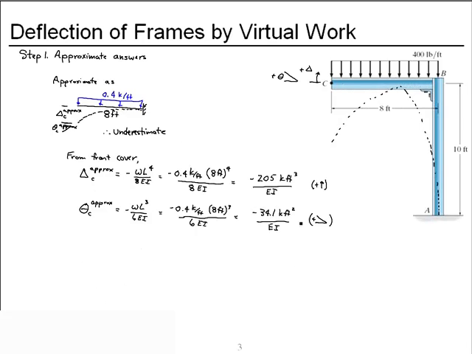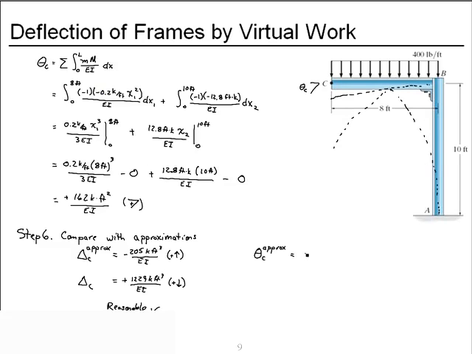Our approximate prediction was a minus 34.1 kip-feet squared over EI, and positive would have been a clockwise rotation or a rise in the slope. We said positive would look like that.